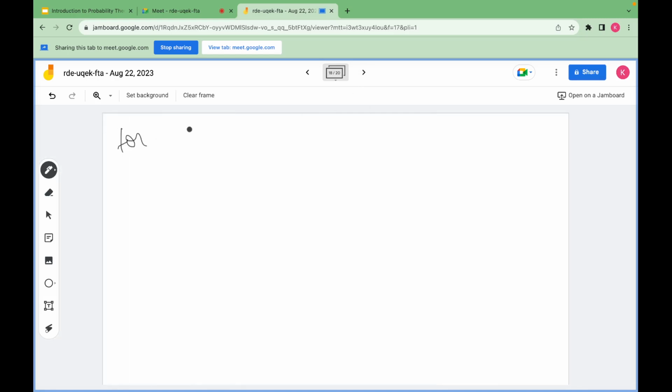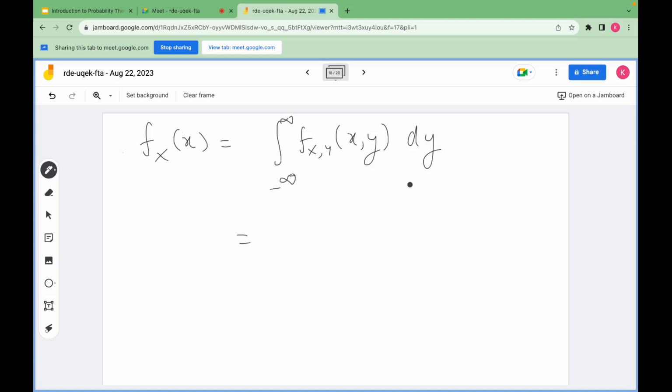So for y from 0 to 1, this f of x is the integral of the joint probability mass function with respect to dy, where y is varying from minus infinity to infinity, but we are given that this is equal to 2 when y is varying from 0 to 1.